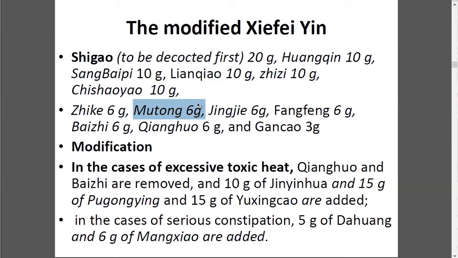Then if the patient has a severe kind of heat toxins, we remove 前胡 and 白芷 and add 金银花, 蒲公英 and 鱼腥草.